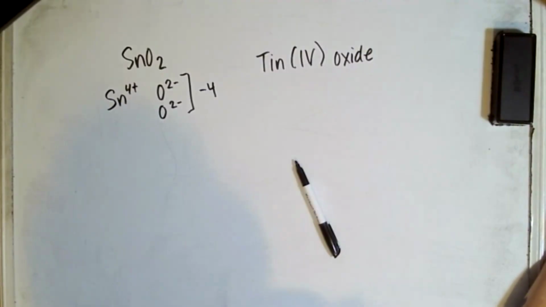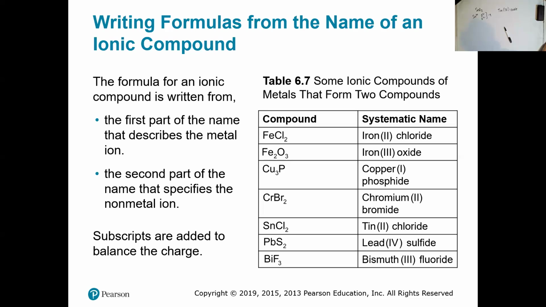Let's look at the reverse process of this. Let me just share the screen for a second. When we're actually taking, if we have a name, for example, of an ionic compound and we want to figure out what the formula is, what we're going to see is that the first part of the name tells us the element and the charge.